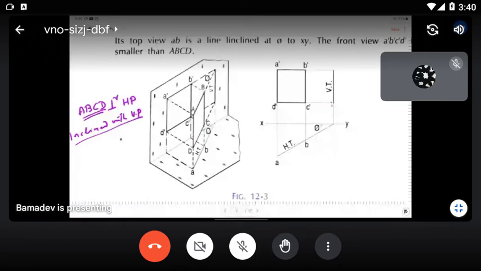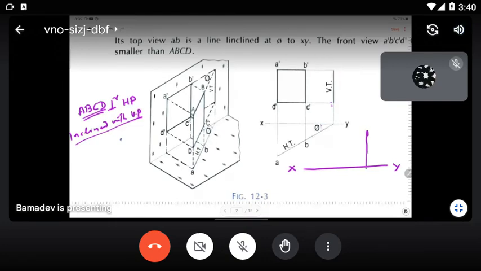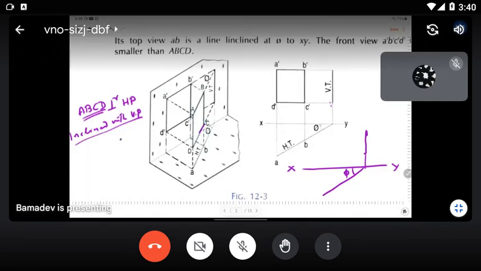Okay, let me repeat. First, in this case, you will draw the reference line, then draw the vertical trace with a thick line, then a thin line. Here the angle of inclination psi is known, so this side is known to you.